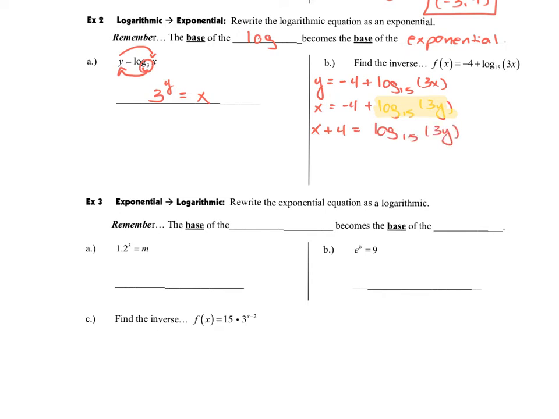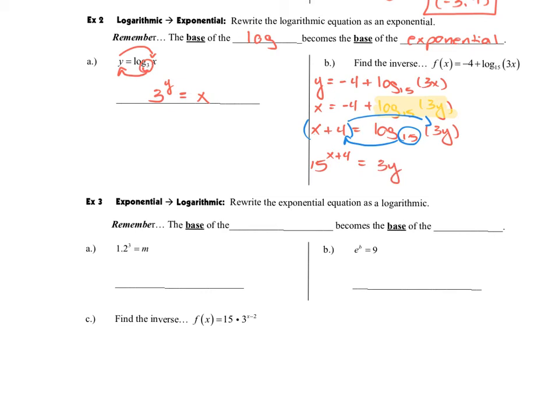Now that the logarithm is isolated, I can start converting this to its exponential form. So the base of my log will become the base of an exponential. Parentheses are nice here, and then it'll come back around. So when I write this, I'll have 15 to the x plus 4 equals 3y.